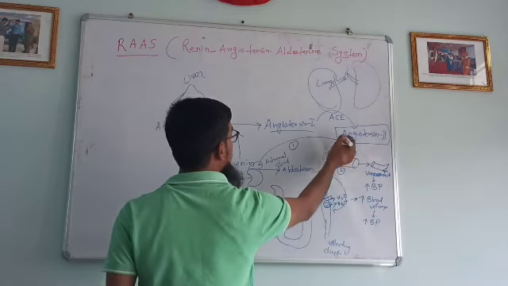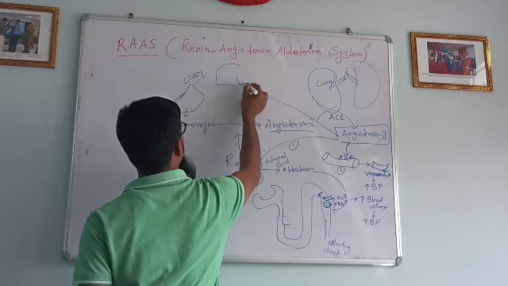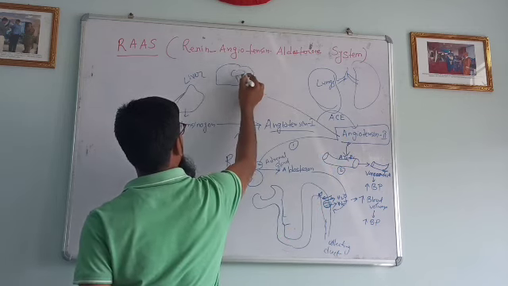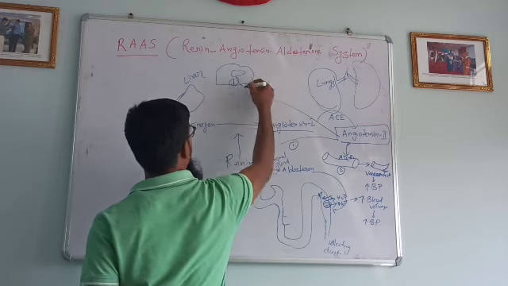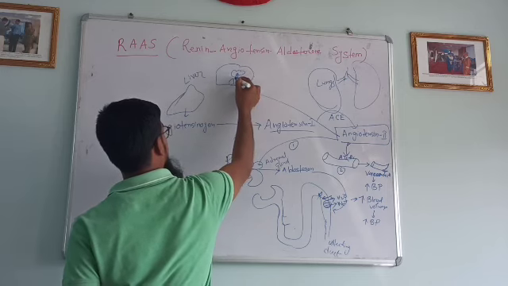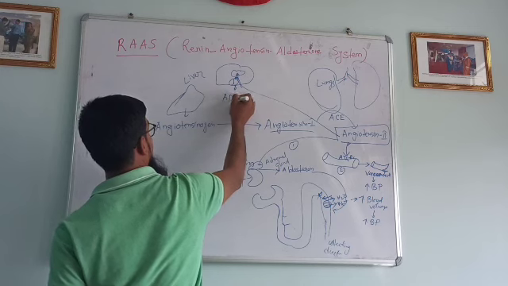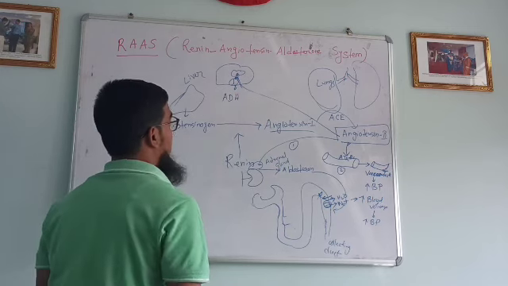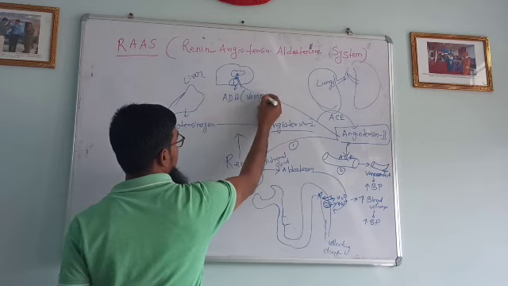Third mechanism: angiotensin 2 works through the hypothalamus and posterior pituitary gland. It stimulates the hypothalamus, and finally from the posterior pituitary it releases ADH, antidiuretic hormone, also called vasopressin.